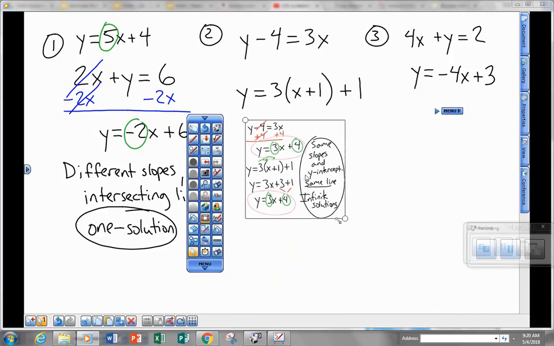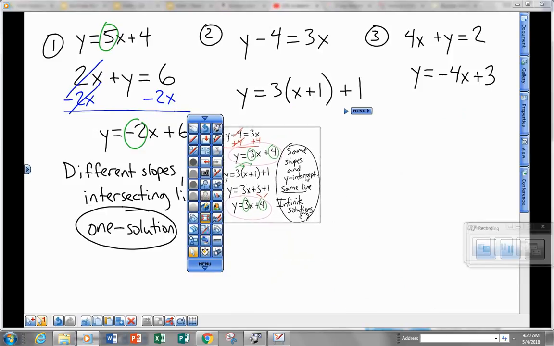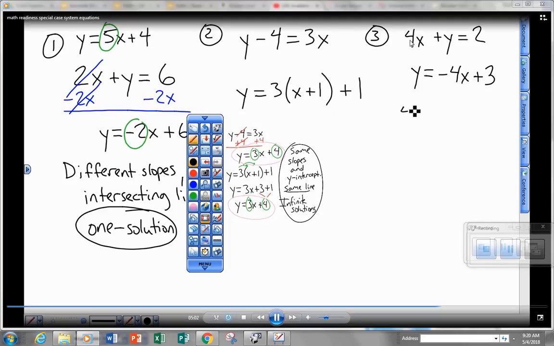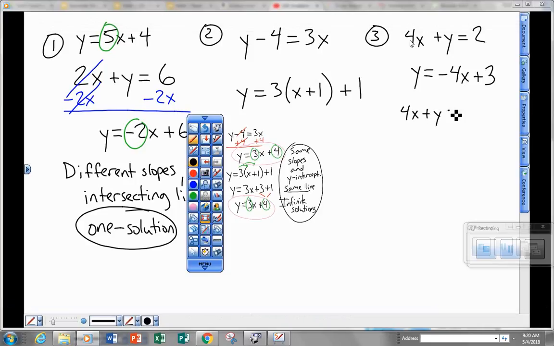And then the last one, solving those both for y, and then being able to compare the slope and the y-intercept. I need to take that top one and solve that for y by subtracting 4x on both sides. So that gives me 4x plus y equals 2. So I'll subtract 4x on both sides.